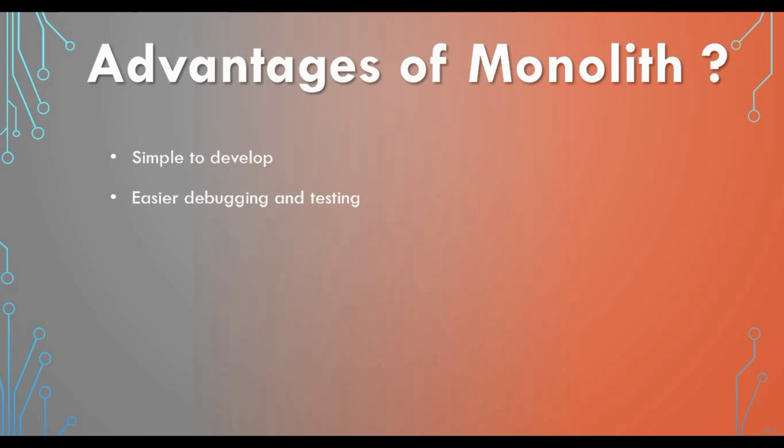Since it's a monolith, testing and debugging are also easier because they know the complete, straightforward application. It's a single code and an end-to-end process, with no multiple chains of connection from one service to another.